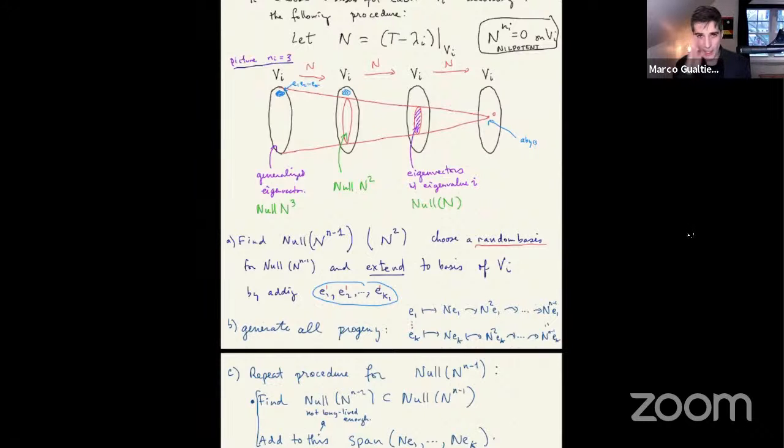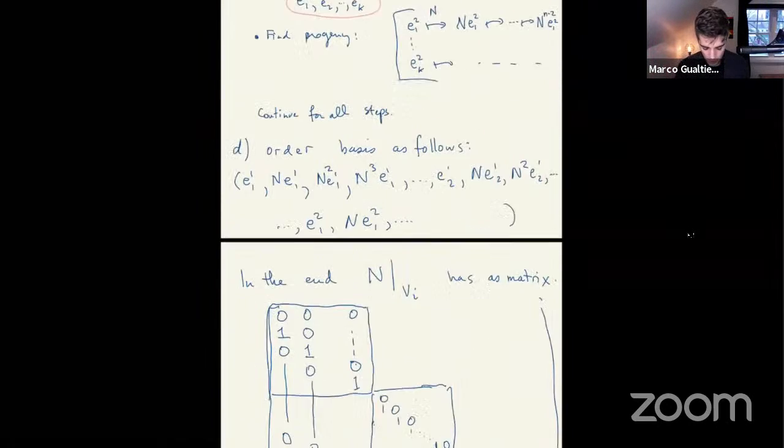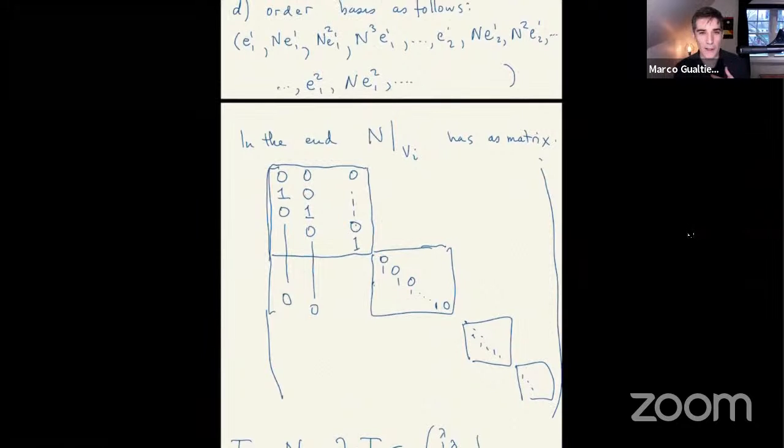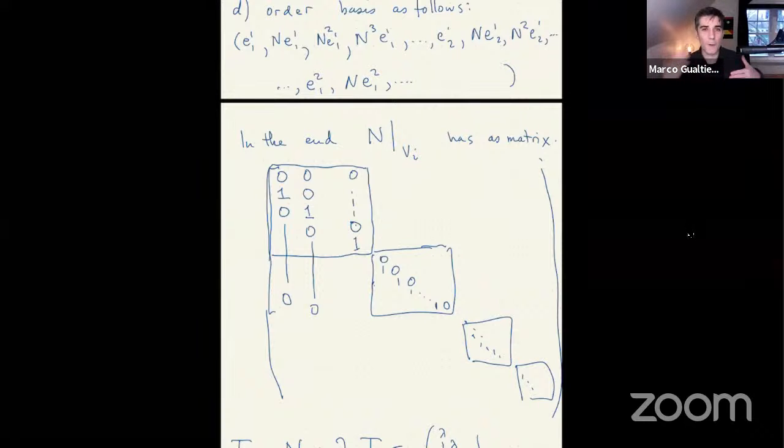And then you just organize this thing into, it's like a bunch of lemmings running off of a cliff. You just need to organize it in a certain way so that when you're done, you get a matrix that looks like this. And then you have a genuine kind of understanding of the type of behavior that this operator is doing.